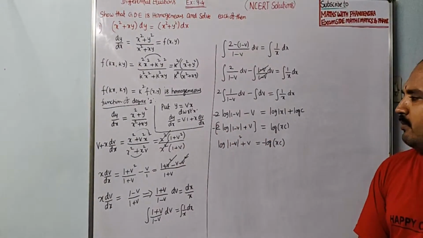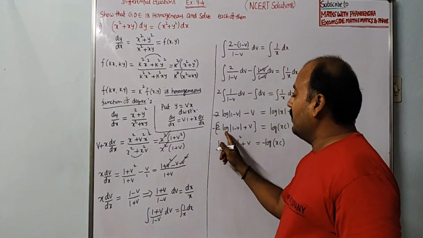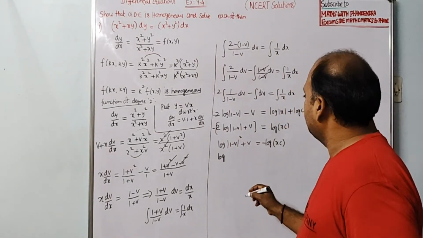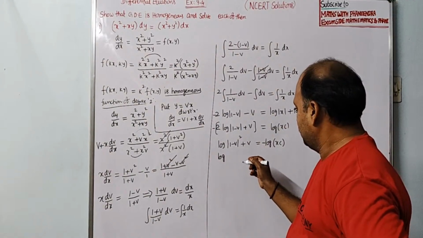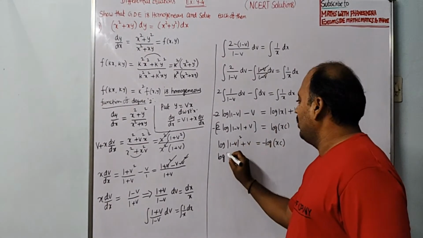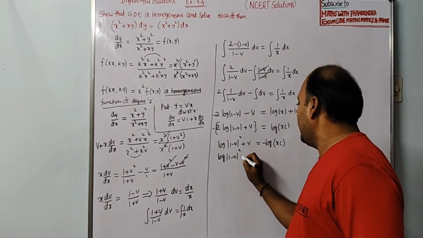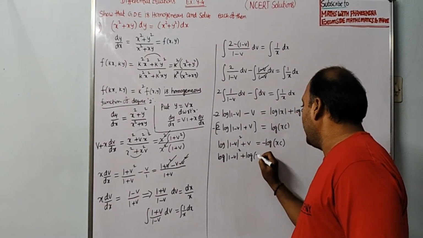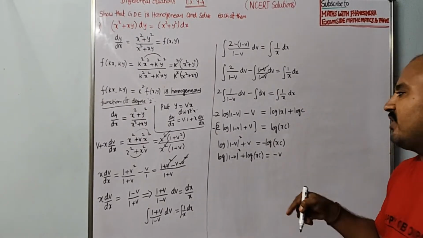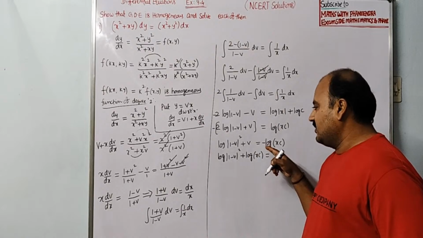Both sides multiplying by minus, and we write m log a as log a to the power m. So log (1 minus v) whole square, this v will be inside, plus log xc is equal to minus v. So wherever v is there, what do we have to replace? y.